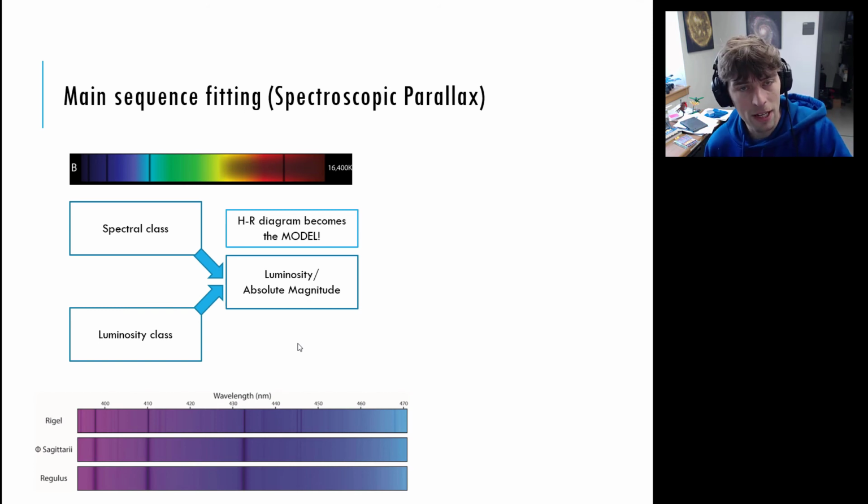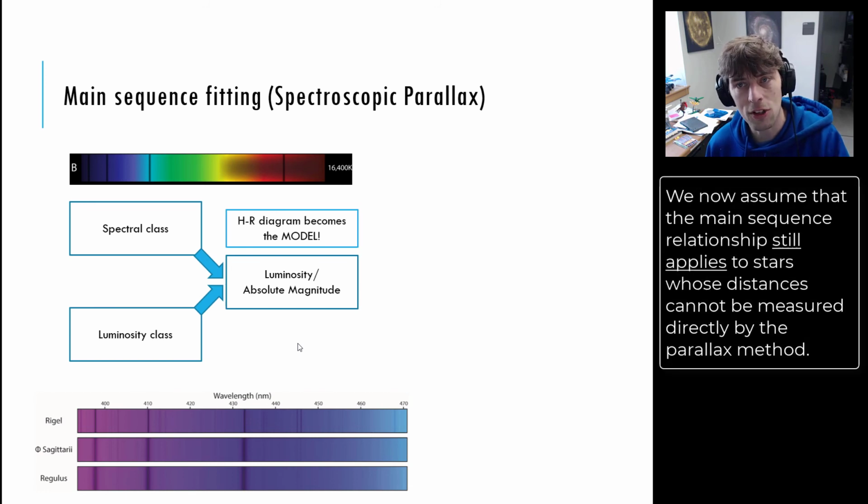Now, here's the magic part. We are going to assume that the HR diagram is accurate, in other words, displays the birth, life, and death of stars that are further away than 500 parsecs.